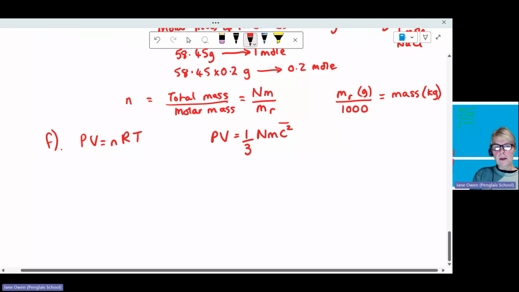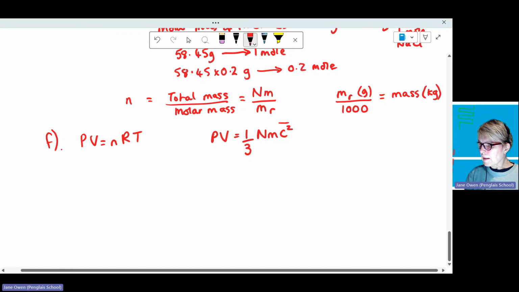What we've got to do in part F, in this part of the syllabus, is combine those two to get an equation, a relationship between the internal energy of the gas and the temperature.